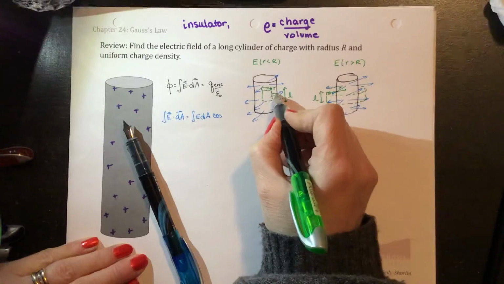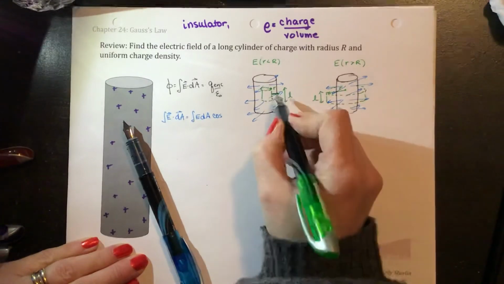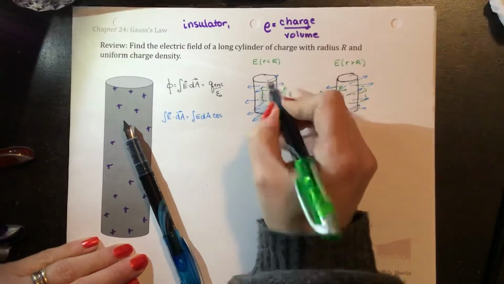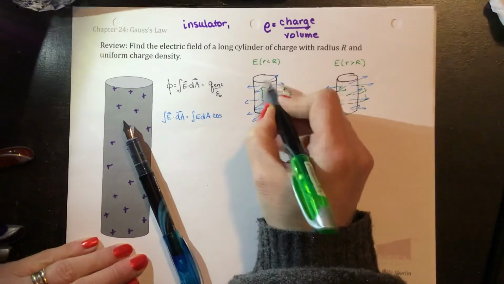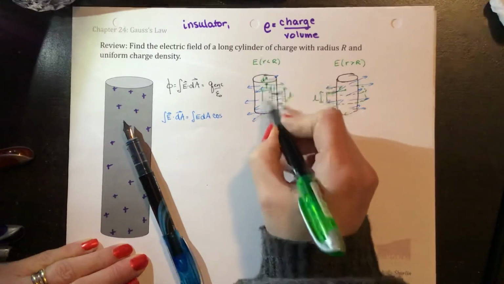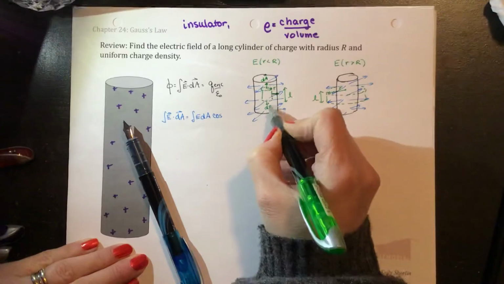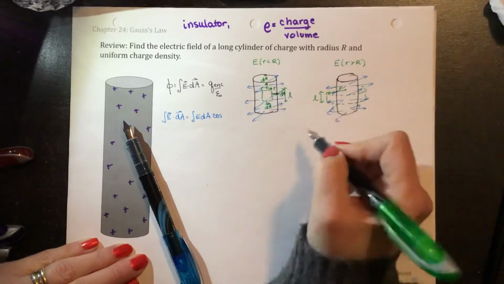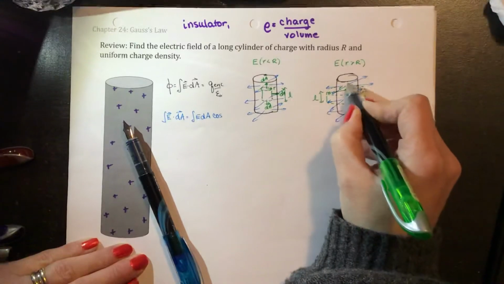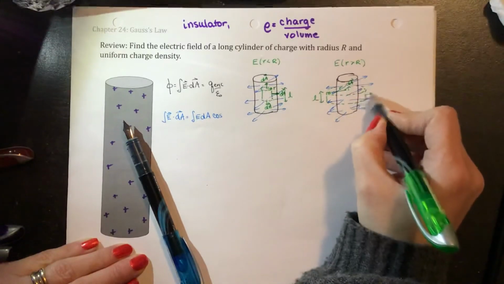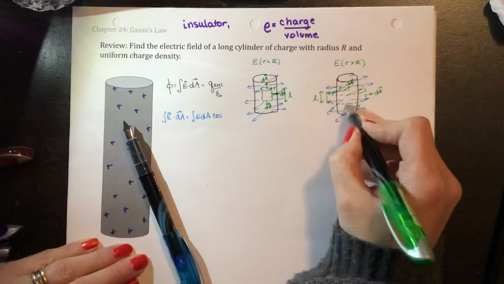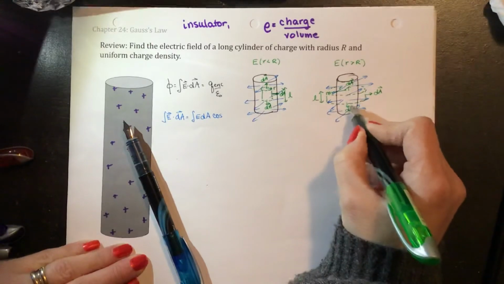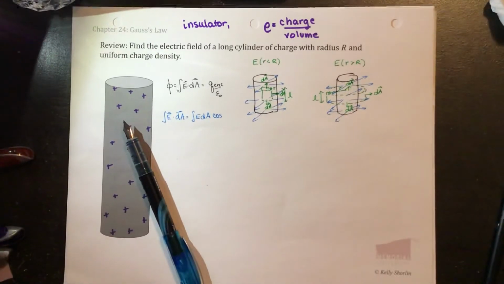The side of my Gaussian surface, on the tube part, sticks straight out, parallel to the electric field. On the top, it sticks straight up, and on the bottom, it sticks straight down. So the top and bottom have no electric flux because those two things are perpendicular. Same thing is true over here. So only the sides of the cylinders have a contribution, no flux through the top and bottom.